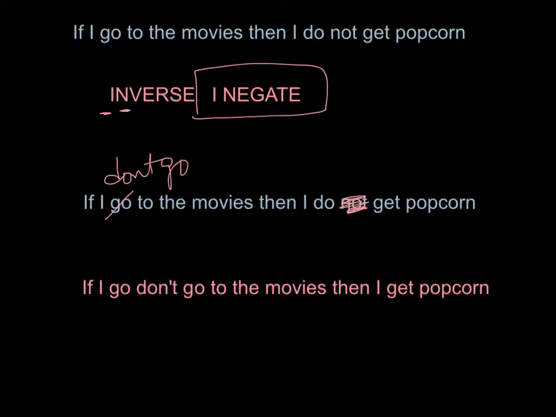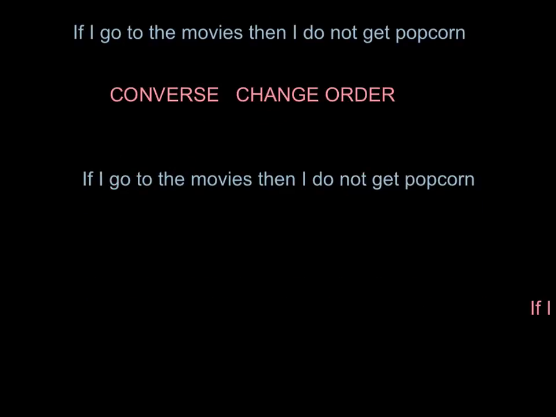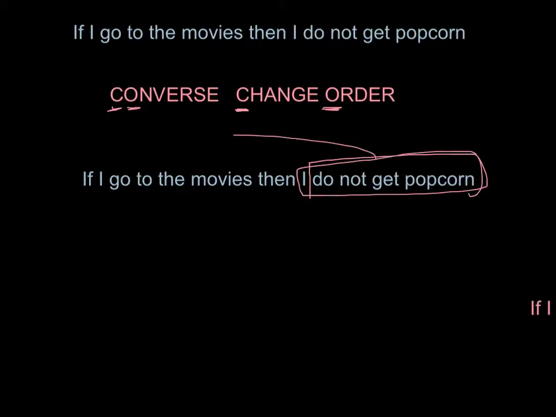So now we're going to go to the next slide. The next one is called the converse, and converse, it starts with the letters C-O, so I have a great way to remember that, and it's change the order. What we want to do is change the order. So see this part over here where it says, I do not get popcorn? We're going to switch it with the part that says, I go to the movies.